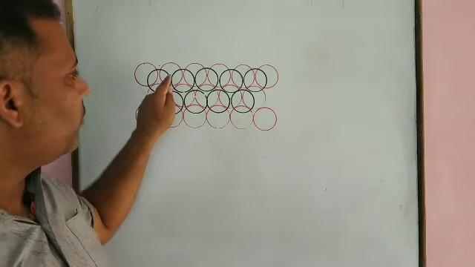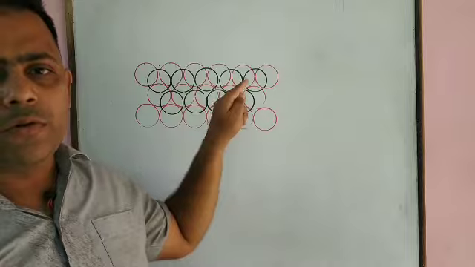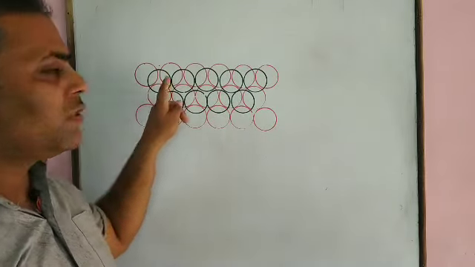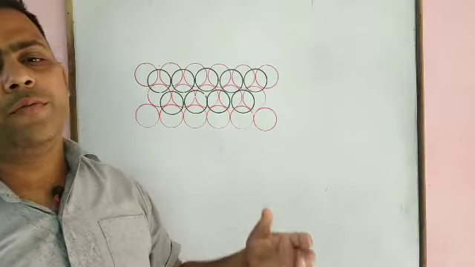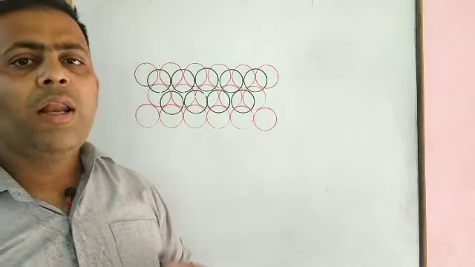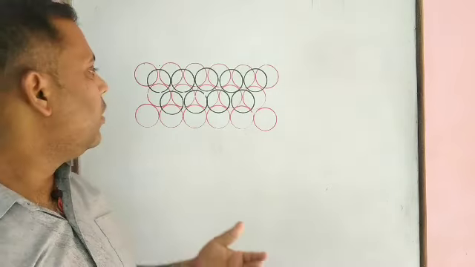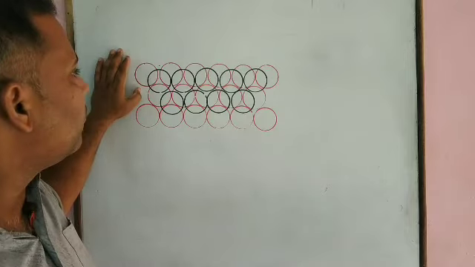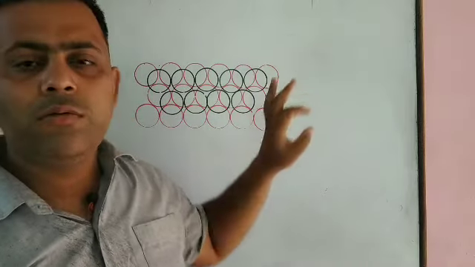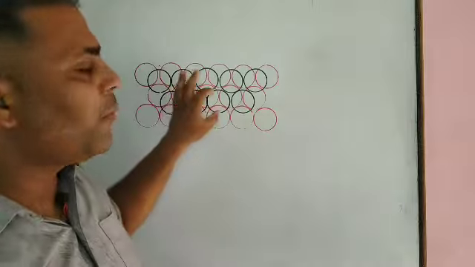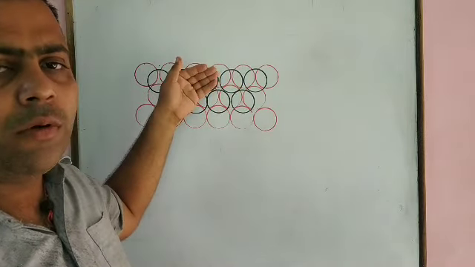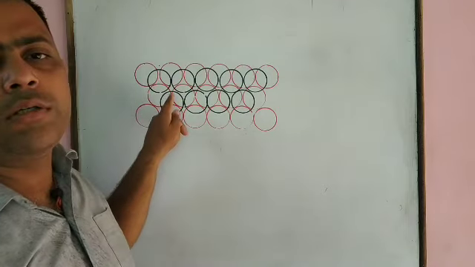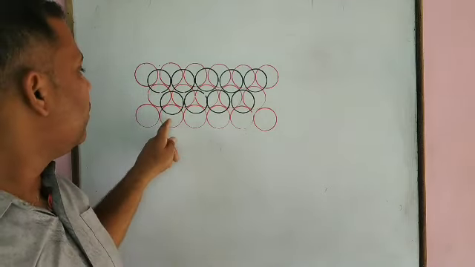If the red atom represents the sphere of lower level, then the black color spheres represent the atoms of the upper layer. Let us see how they are placed. It is hexagonal. If we take the spheres of red color, in the first row, and in the second row, the atoms are placed in the depression of the first row. Clear? The next one, the third layer, is placed in the depression of the second row, which is identical to that of the first row.